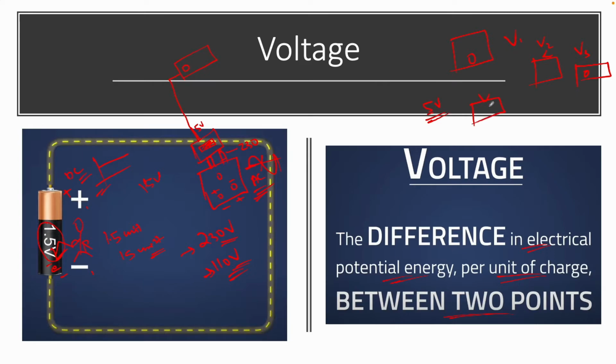TVs, you can connect to 230 volt directly because there are internal circuits that convert this voltage to different voltages. Some of the smaller LED lights, red and green and yellow, have much lower voltage levels, such as 0.5 volt to 2 volt. All the equipment has a voltage rating, and if you apply a voltage very large compared to what it expects, then the device is going to blast.